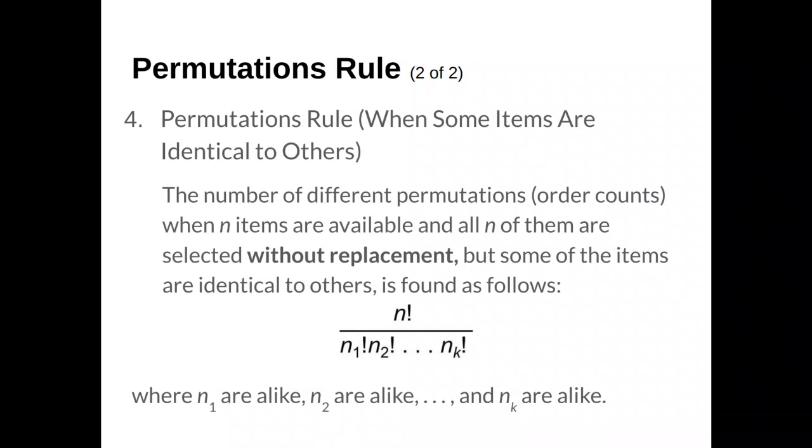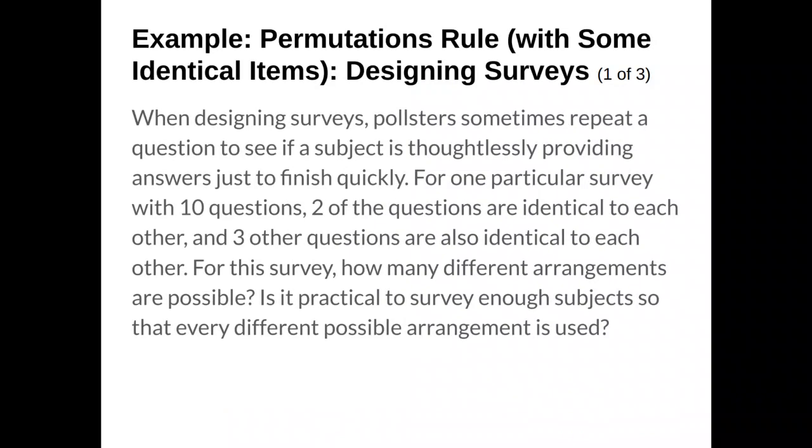The way we do that is this formula. Now, that piece we're dividing by, that n1, n2, up to nk, those are simply the number of items that are the same as each other. In other words, if we had 5 items that were all the same, then one of those n's would be a 5. We'll do some examples to make that a little clearer.